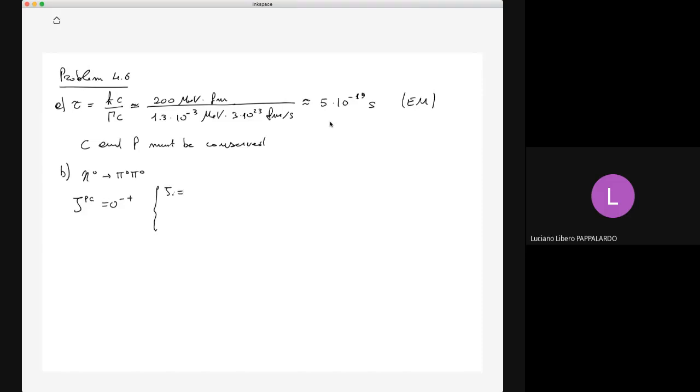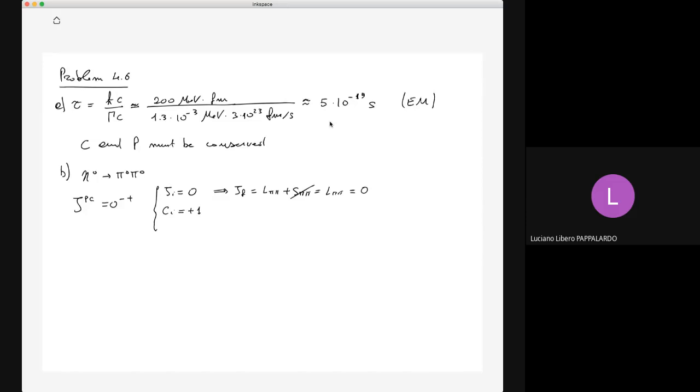The initial orbital angular momentum must be 0, and so also the final angular momentum must be 0, which is L pi pi plus S pi pi, which is just L pi pi, which must be 0 for angular momentum conservation. Then we know that initial charge conjugation value is +1, okay?